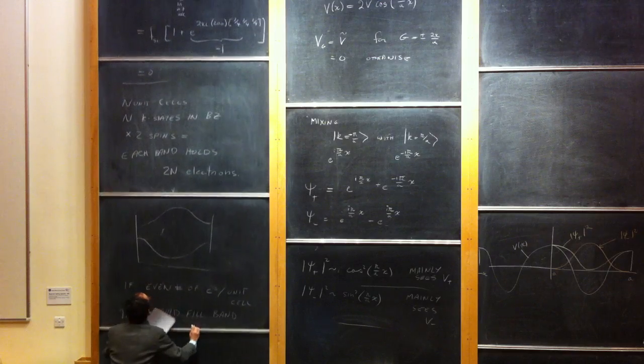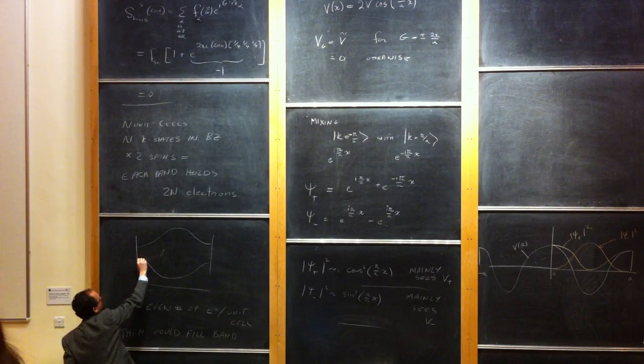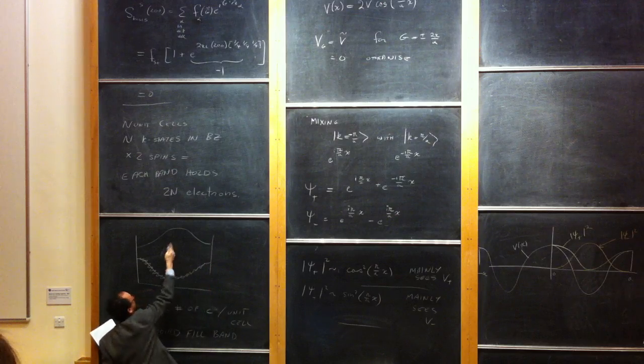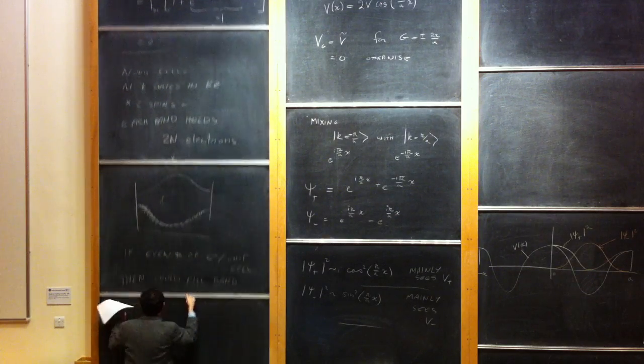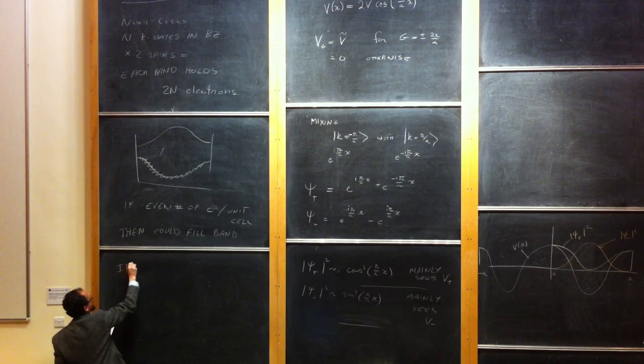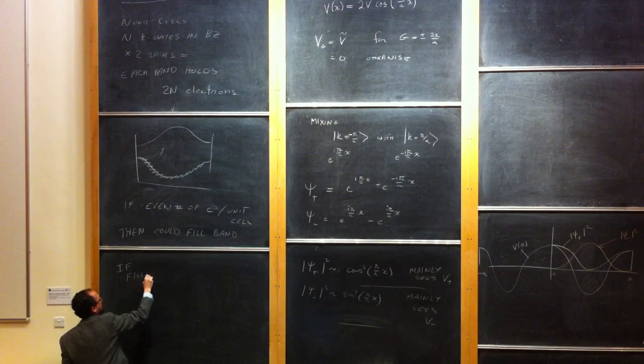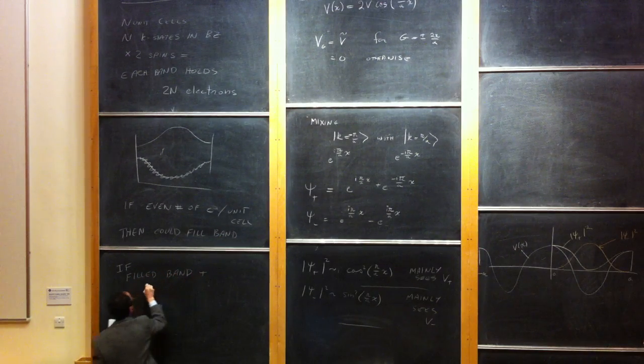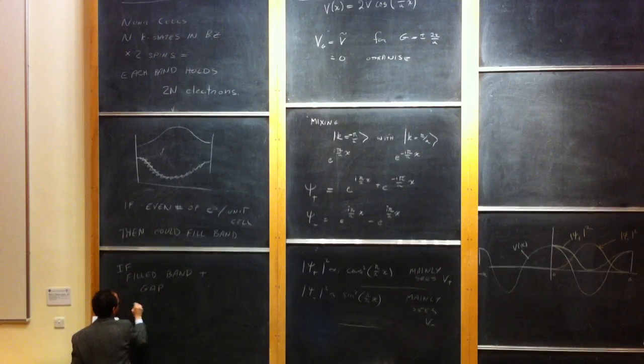So for example, with 2 electrons per unit cell, you could fill up this entire band, then there could be a gap to the higher band. So if filled band plus gap, then we have an insulator.